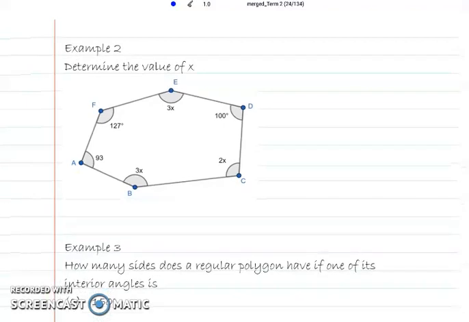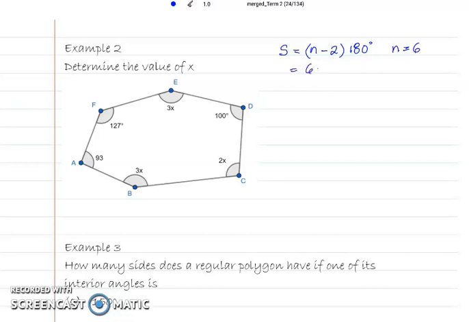All right, in example 2, we're asked to do the same thing, to determine the value of x. All right, now the figure is A, B, C, D, E, F, which is a hexagon. Now, if it's a hexagon, it means that it has 6 sides. And so S, the sum of the interior angles, would be equal to n minus 2 times 180 degrees. And here n, which is the number of sides, is equal to 6.